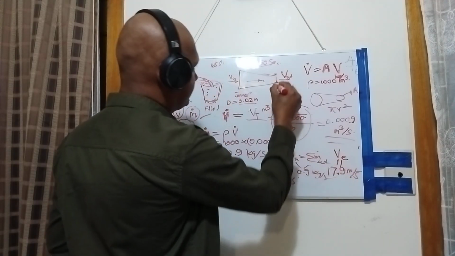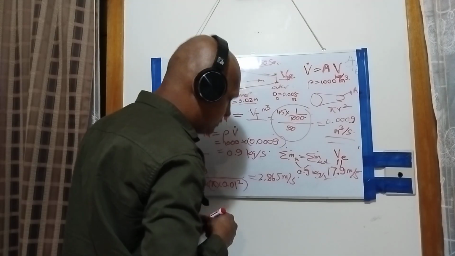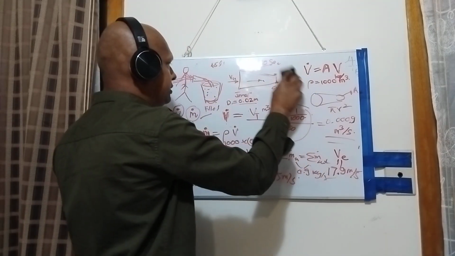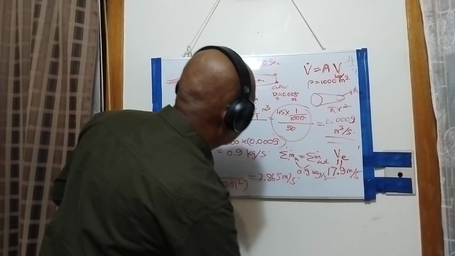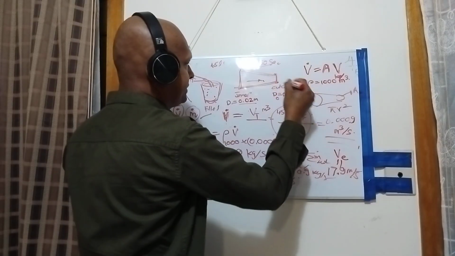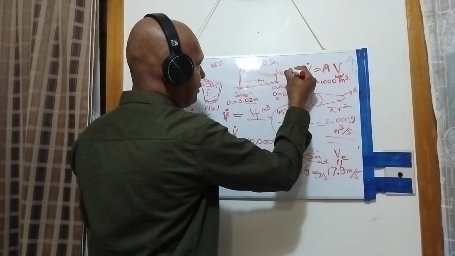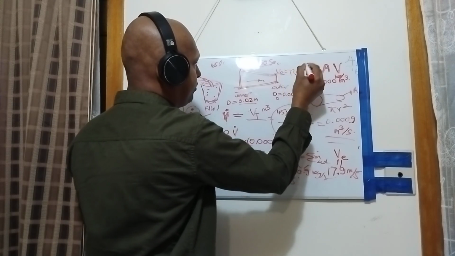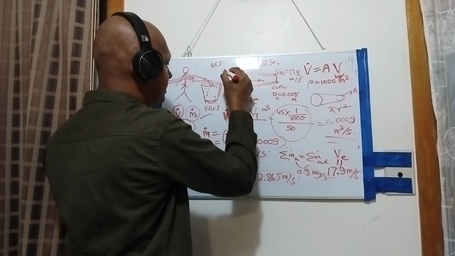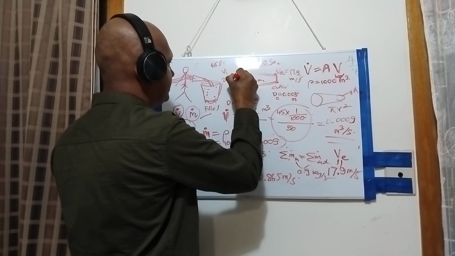So you can clearly see that the outer velocity and inner velocity, the outer velocity is much higher. The velocity at the exit, so let's re-put it here. That's the nozzle of the hose. So VE here is almost 18, so 17.9 meters per second, and VI, the inlet, is 2.86 meters per second.